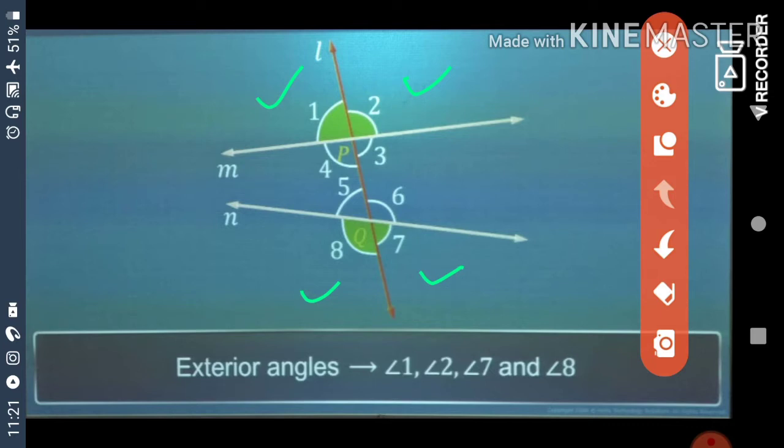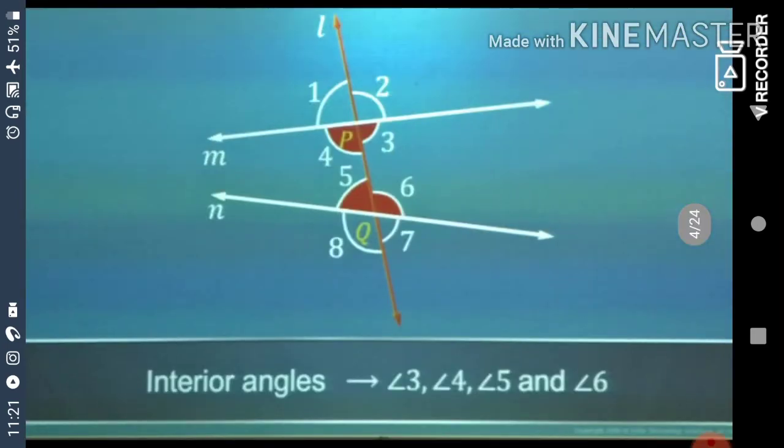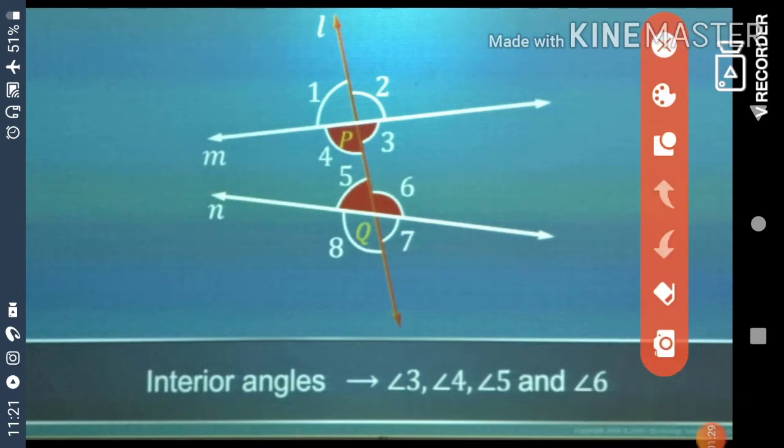That's why they are called exterior angles. Now we are talking about interior angles. Interior angles means angles which are made inside the lines. As you can see here, angle 4, angle 3, angle 5 and angle 6 are interior angles, because these are formed inside the lines.